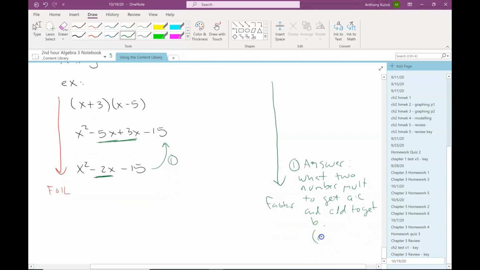So what two numbers multiply to get A times C and add to get B? So for our polynomial, what are our values for A, B, and C here?